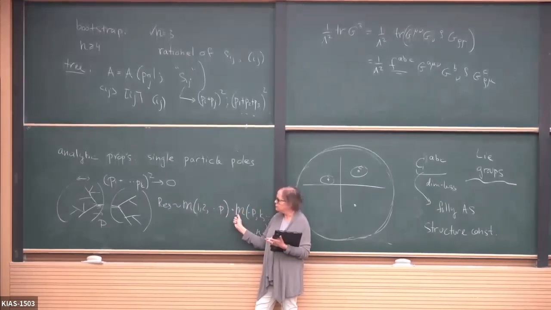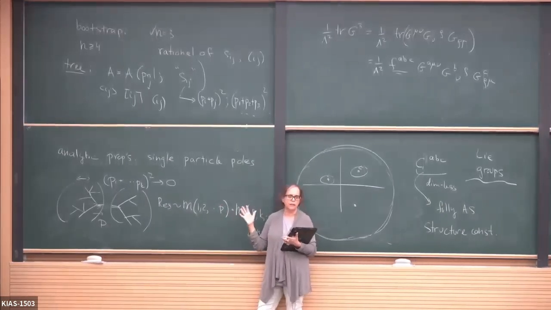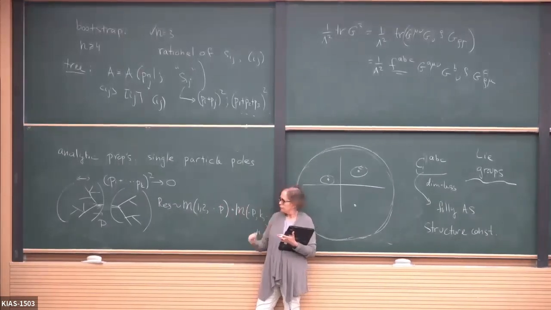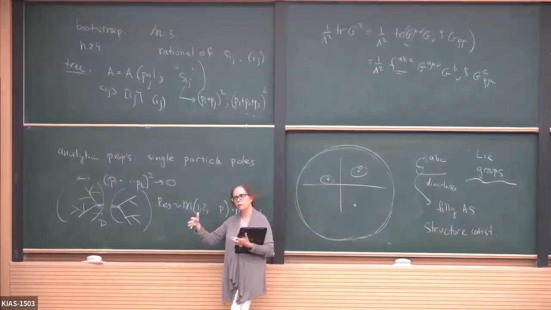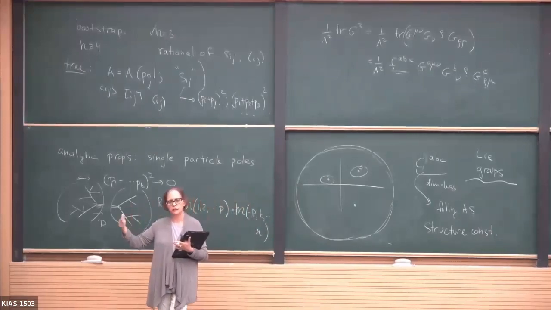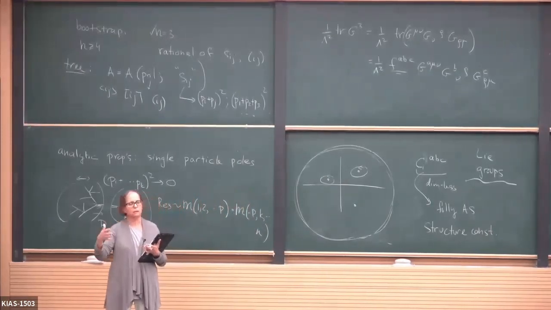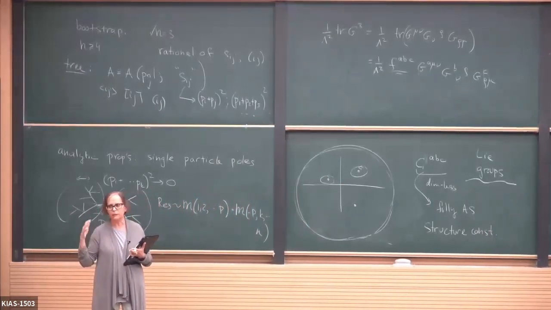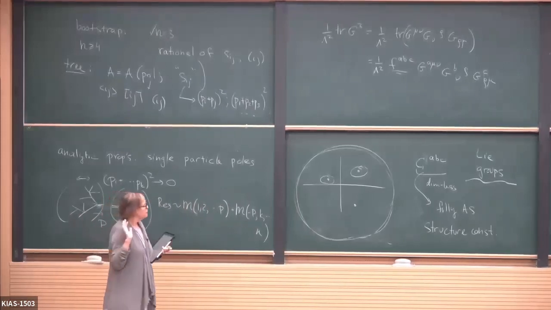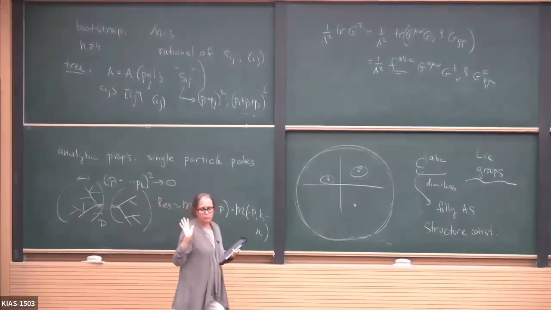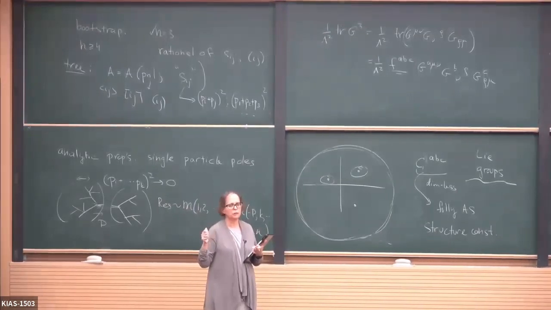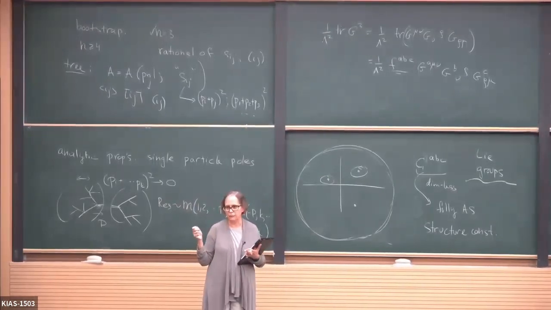We know the residues, so we can infer the function. So how is this going to work? Well, we already know all the 3-points. Now we can determine the 4-points. Once we know all the 4-points, we can determine the 5-points, and so on and so forth. And this is the bootstrap. When people say bootstrap, this is essentially what they mean.